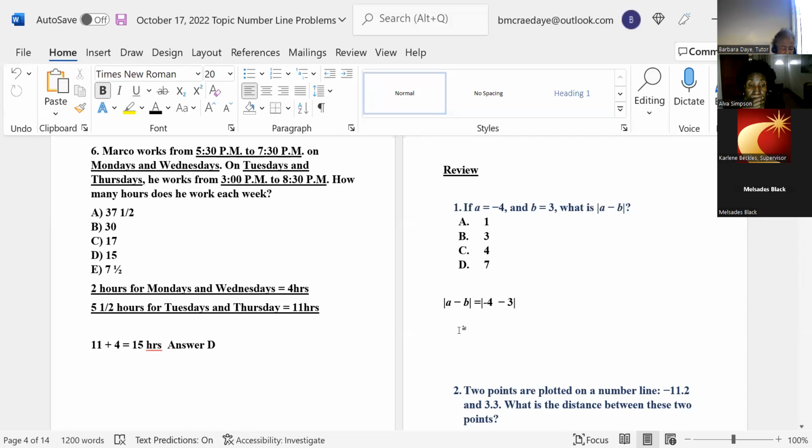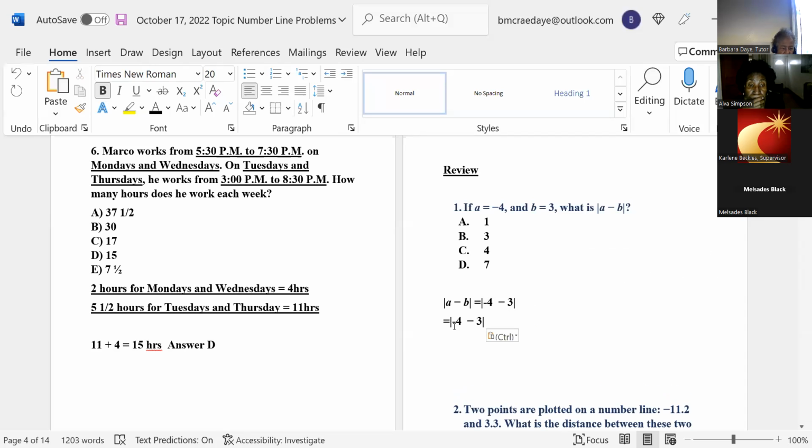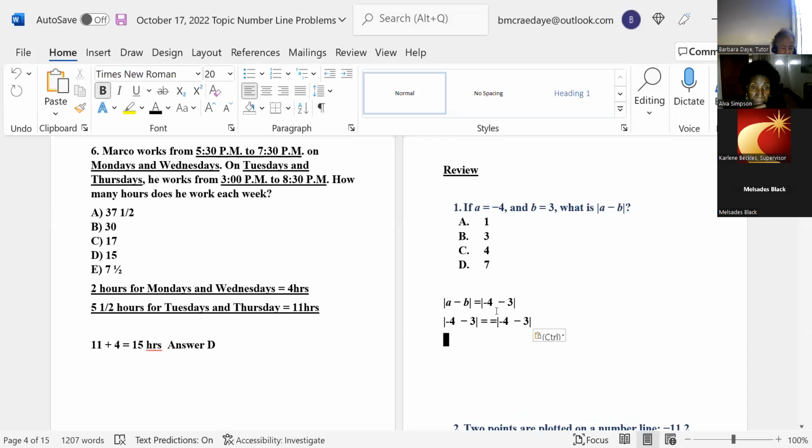Alva, what is the absolute value of -4 minus 3? -4 minus 3 is equal to what, Alva? 7, plus or minus? A plus. Nope. Minus. Remember, we just went through minus.